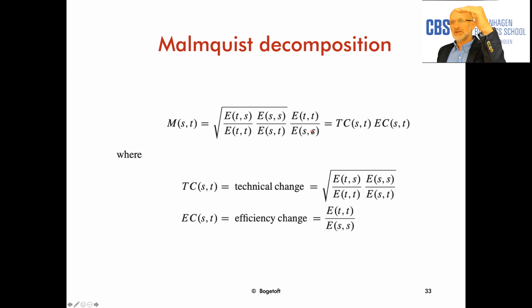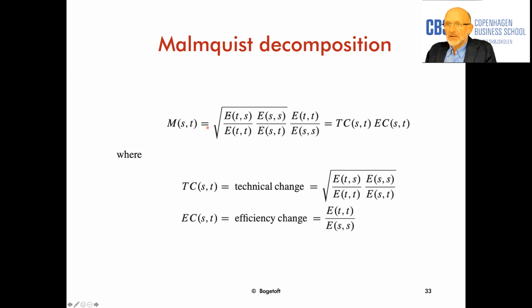This is my efficiency at time t compared to technology t, divided by my efficiency at time s compared to technology s. If this ratio is larger than 1, it means that at time t I'm closer to the technology at time t than I was at time s to the technology at time s. So I've been catching up to the frontier. We call it efficiency change here, or just the catch-up effect.